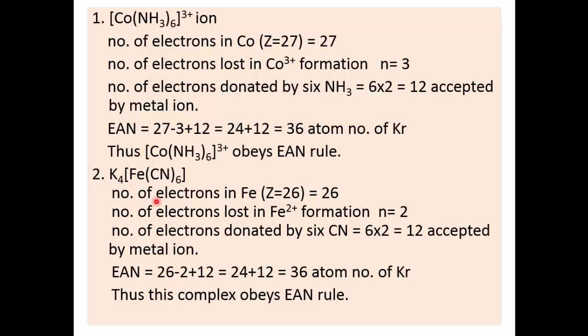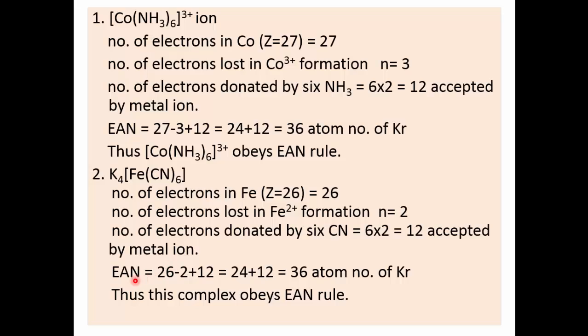Got it? So Fe carries plus 2 charge. Now start. Number of electrons in Fe, that means atomic number of Fe is 26. The value of Z is 26. Just as we have discussed, there is formation of Fe2+ ion. To form Fe2+ ion, Fe must lose 2 electrons, and therefore the value of N is equal to 2. As there are 6 cyanide ligands, this ligand donates 6 into 2, 12 electrons, which are accepted by iron metal ion.